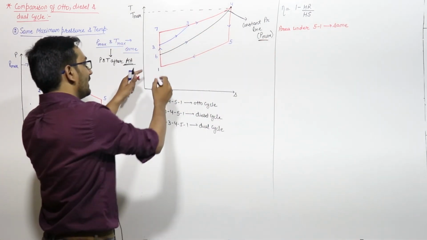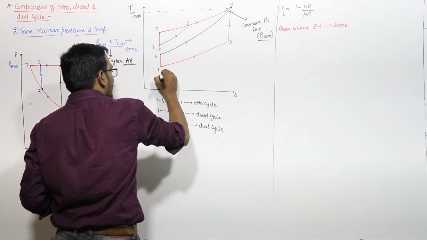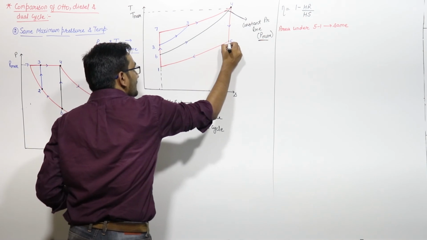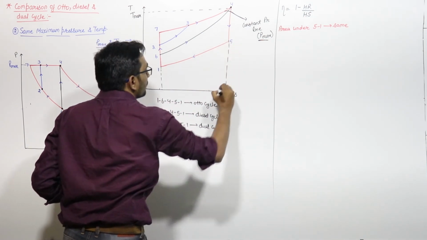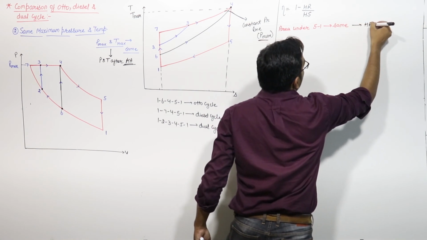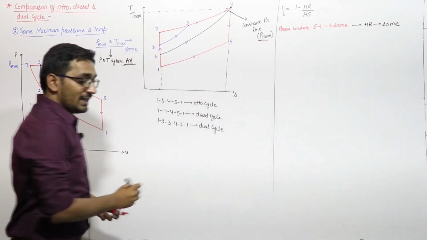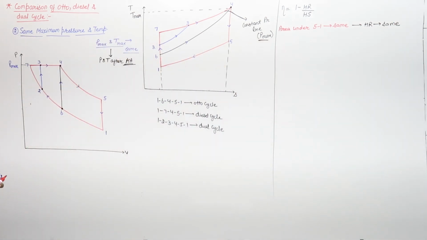This area under 5 to 1, when projected on the entropy axis, is the same. That means for all the 3 cycles, heat rejection is the same, if you go through the graph.